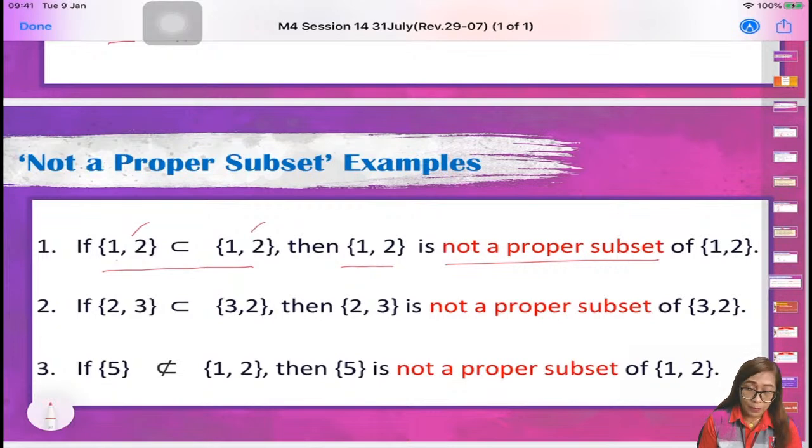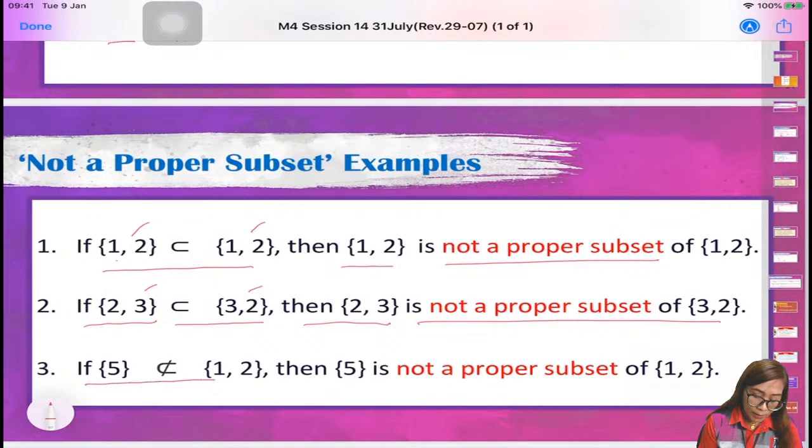Number 2, if the set {2, 3} is a subset of the set {3, 2}, then the set {2, 3} is not a proper subset because they are equal. These two sets are equal. And number 3, if the set {5} is not a subset of the set {1, 2}, then the set {5} is not a proper subset of the set {1, 2}.